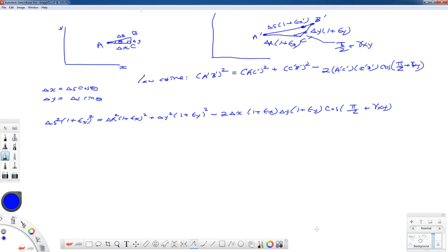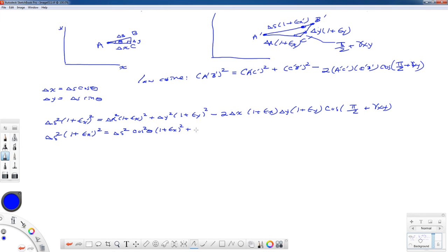Now we can write delta x and delta y in terms of the angle and delta S. So that's what we'll do next. All right, delta x is delta S cosine theta. So we're going to have a delta S squared cosine squared theta (1 plus epsilon x) squared.